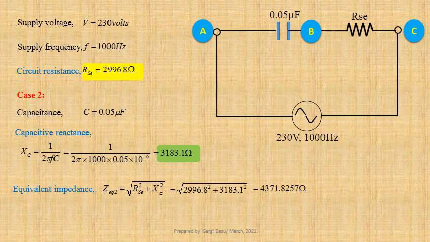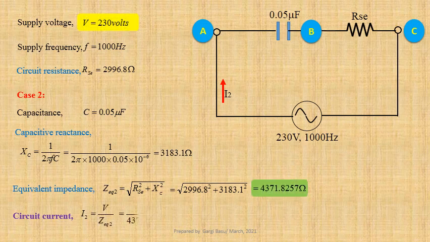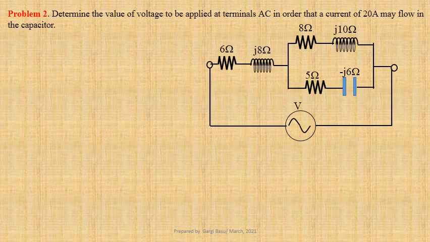Let us now calculate circuit current. I2 equals V by ZEQ2, that is equal to 230 divided by 4371.8257. That gives us 0.05261 ampere.